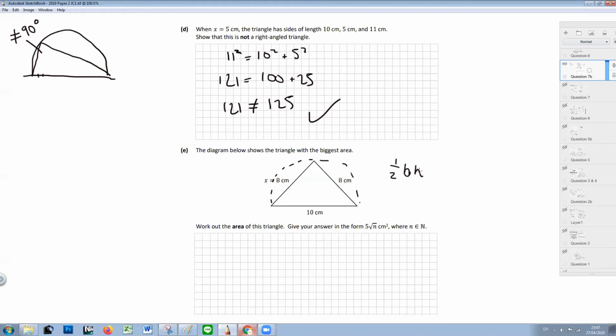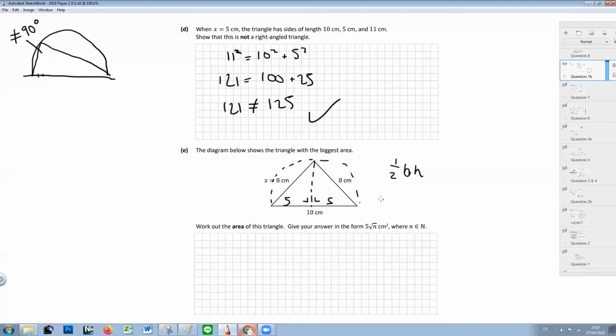Now, we don't know what the height is. But we do know that this is going to be a 90-degree angle, and this will be a 90-degree angle. Because it's right in the middle, that's going to be 5, and this is going to be 5. So this now very quickly becomes a Pythagoras' theorem.